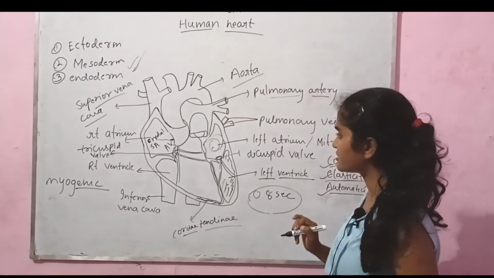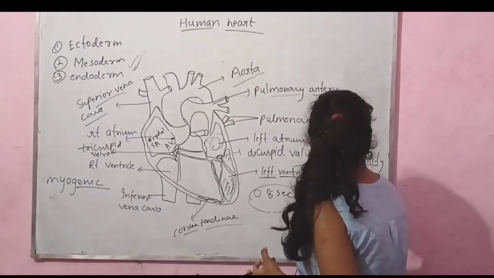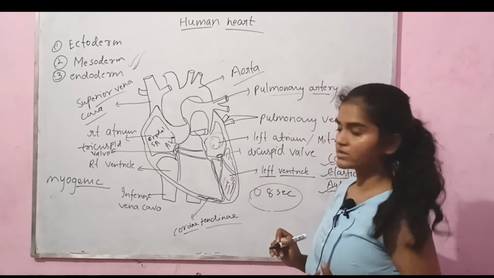Elasticity means it is elastic in nature. Automaticity means it regulates itself.